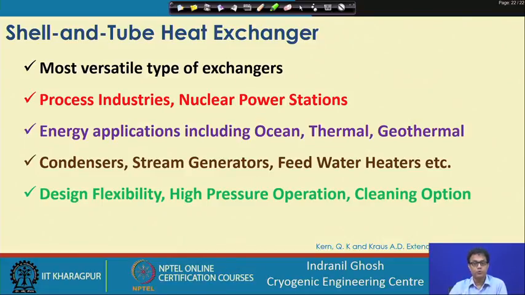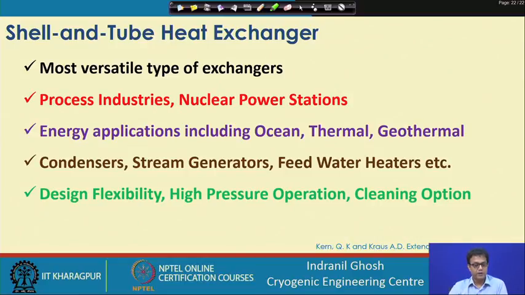We often have to clean the exchangers, and that is not possible with many exchangers, particularly when the hydraulic diameter of the heat exchanger is very small. But in the case of shell and tube heat exchangers, it gives the opportunity to clean it on a regular basis.